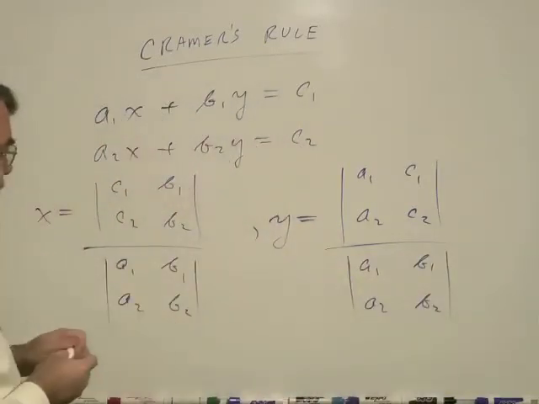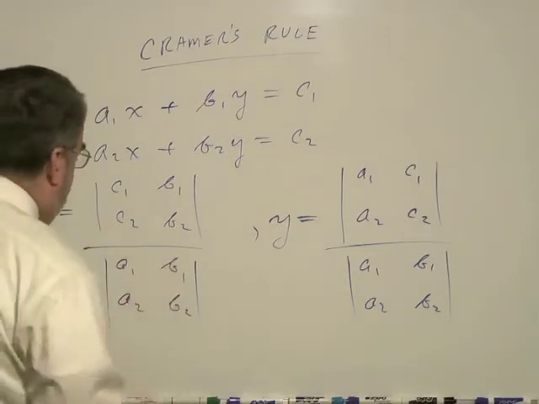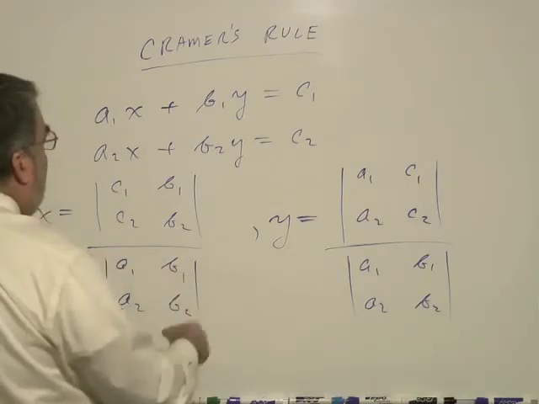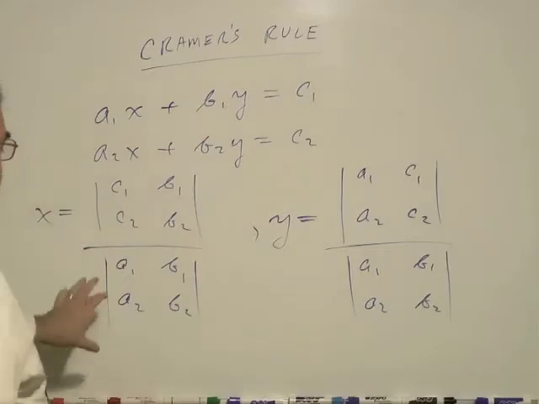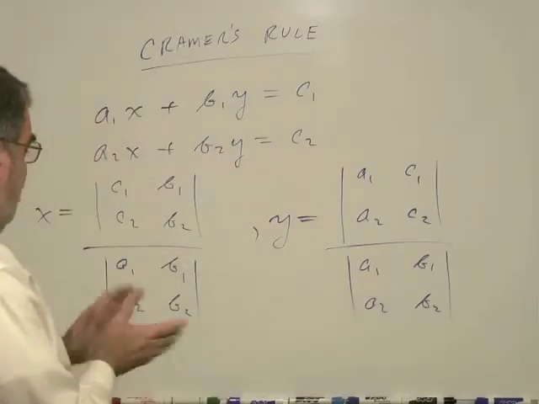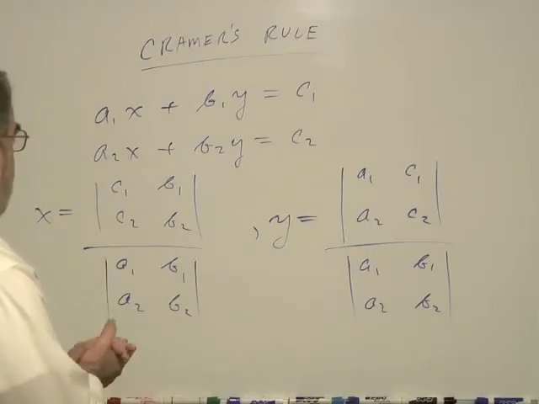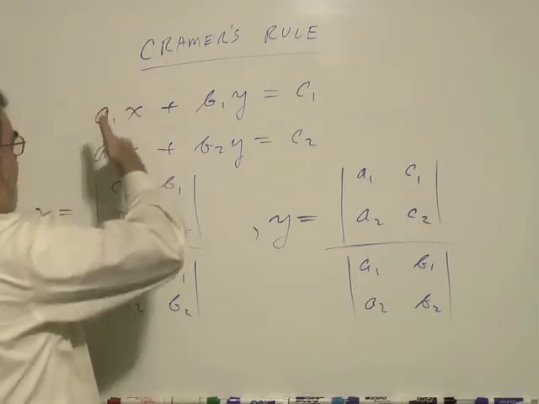Well, there's a pattern to this, and notice the denominators. I'm setting up these coefficients a1, b1, a2, b2 to match these coefficients right here on the left side of the problem. And the denominator is the same determinant for both. Now the numerator is formed by replacing, for solving for x, the first column.